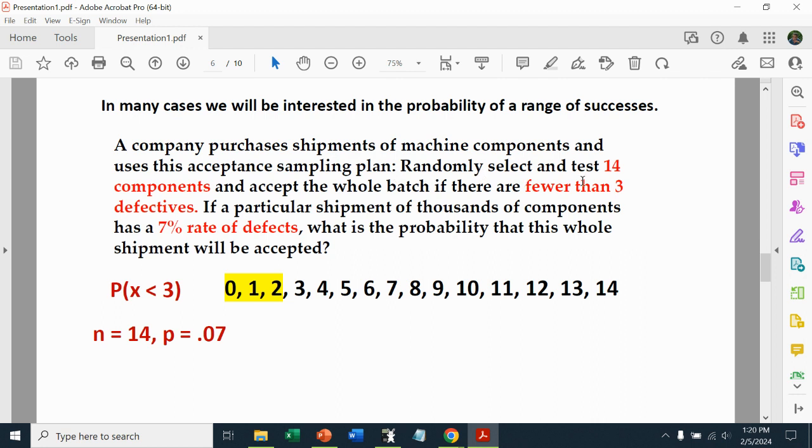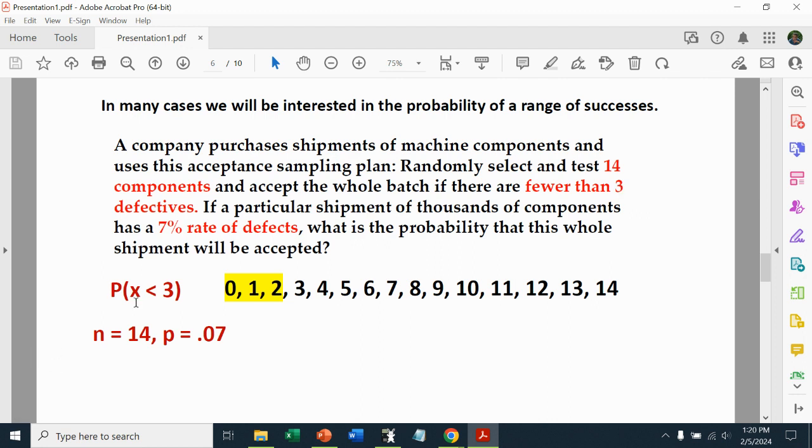It randomly selects and tests 14 components, and it accepts the whole batch if fewer than 3 are defective. If a particular shipment of thousands of components has a 7% defect rate, what's the probability this whole shipment will be accepted? It will be accepted if fewer than 3 of these components, machine components, are defective.